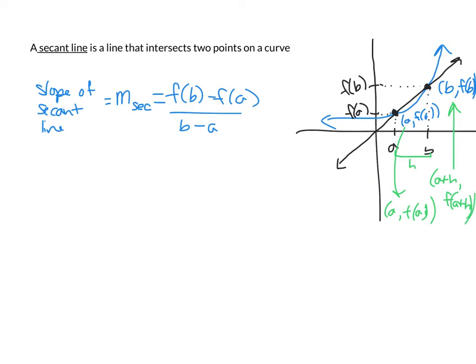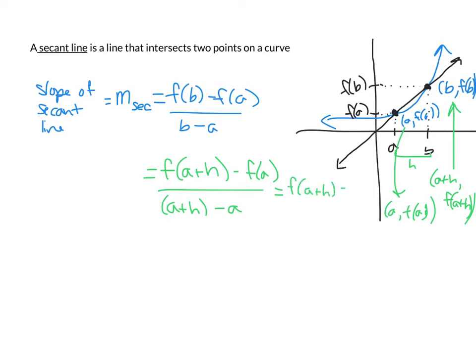So what I can actually do is rewrite my equation right here as f of a plus h minus f of a over a plus h minus a. I can't do anything to the numerator of that fraction, so I'm going to leave it as is.